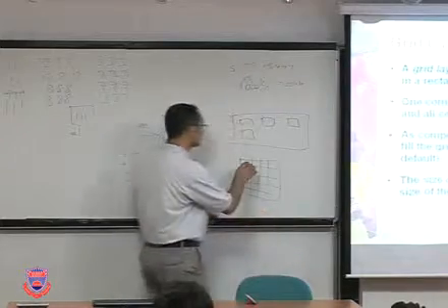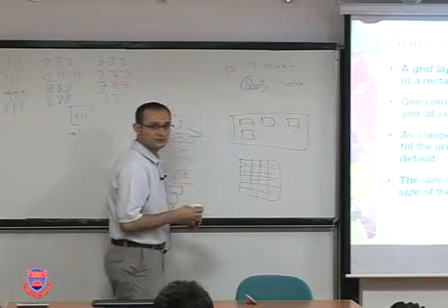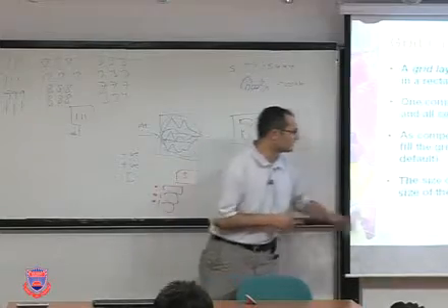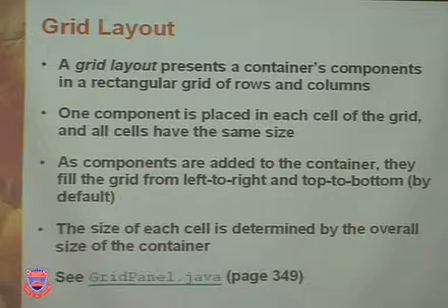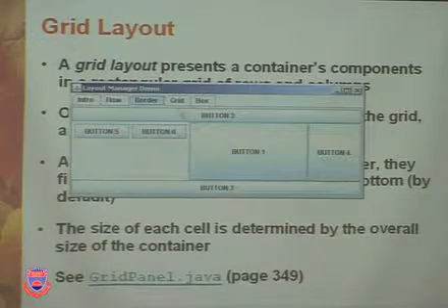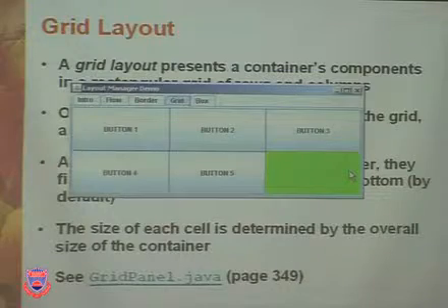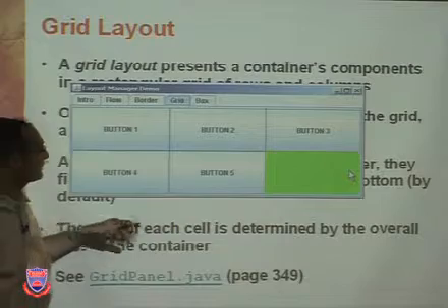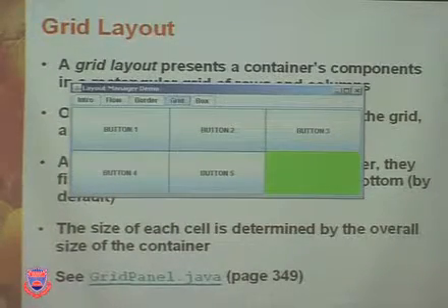So you start from this location and then continue on each row and fill the grid cells as you go from one row to the next one. The size of each cell is determined by the overall size of the container. So let's go into and see the grid panel. If you see the grid panel, we have 5 buttons, one added after the other one, and then, as you see, since we have 5 buttons, they are occupying the area that they have there.